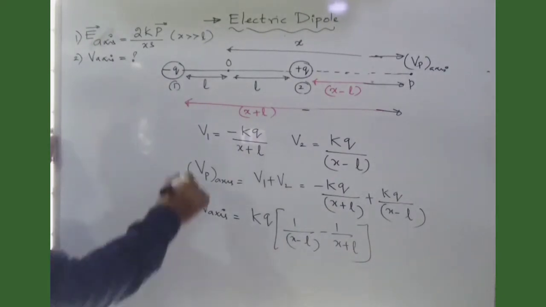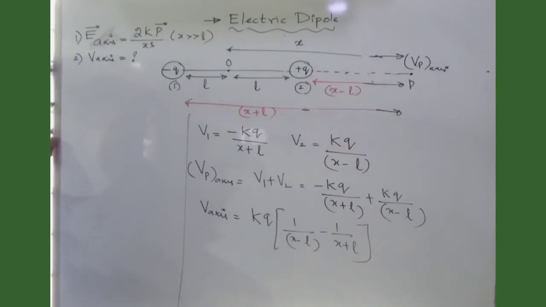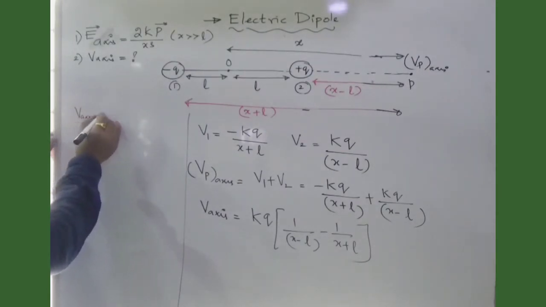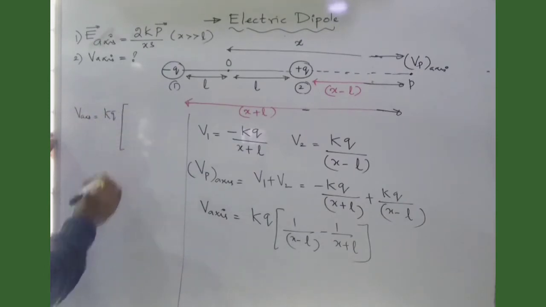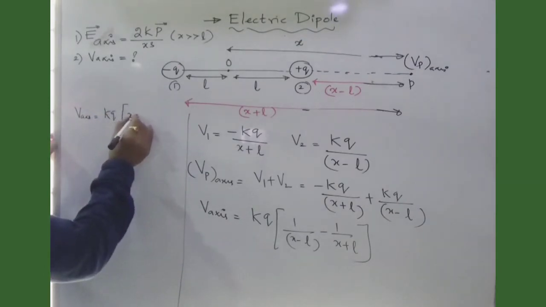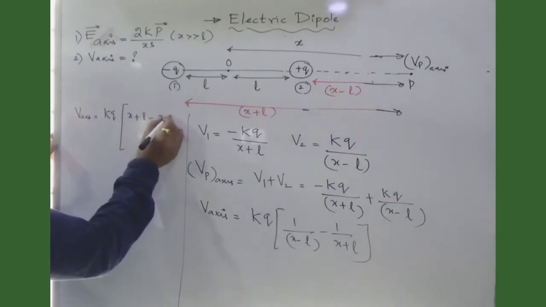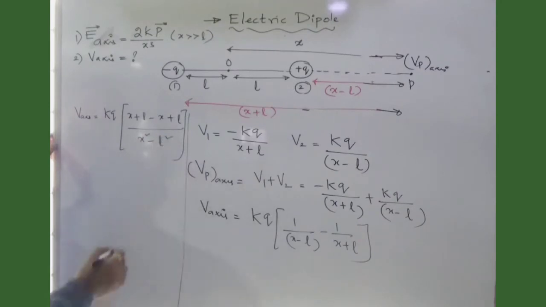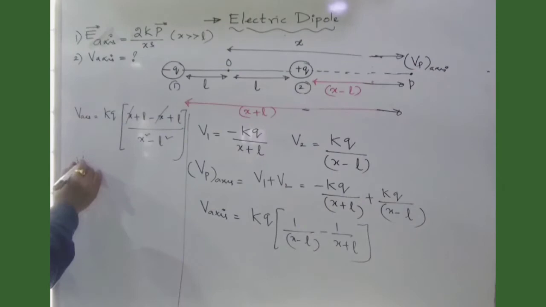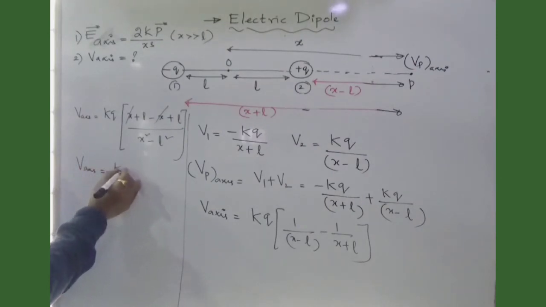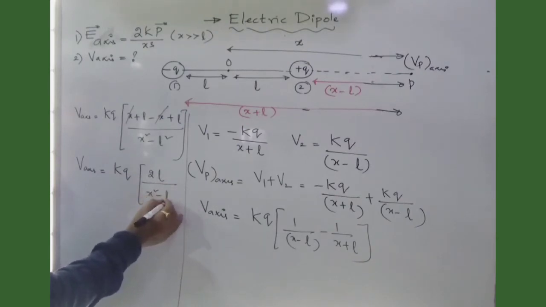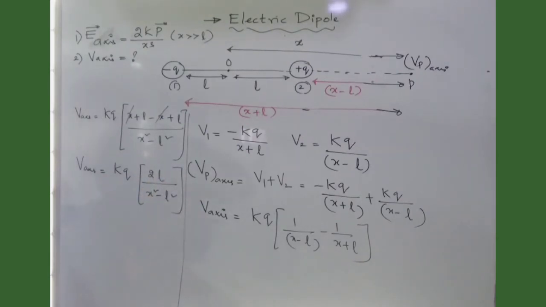Then V on the axis equals kq times (x plus L minus x plus L) divided by x square minus L square. So x will get cancelled and I'll get 2L. V on the axis is equal to kq into 2L divided by x square minus L square.